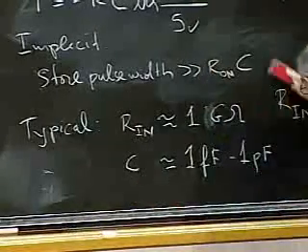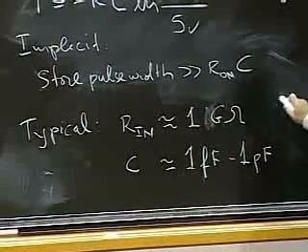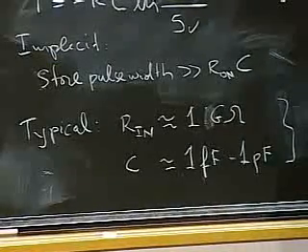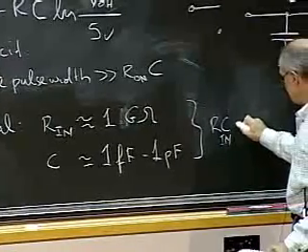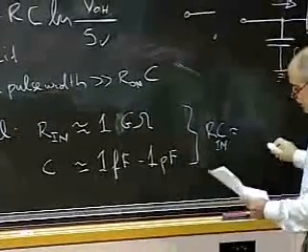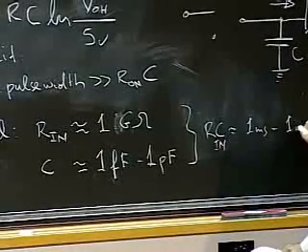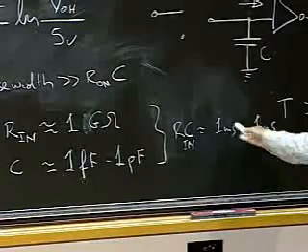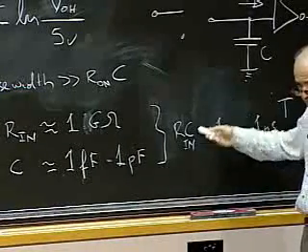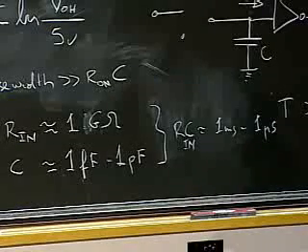Now, if you can do the math in your head, which is just a multiplication, you will see that the time constant, the RC, is between 1 millisecond to 1 microsecond. And for DRAMs, actually, we try to be in the order of milliseconds. So these are the times we're talking about.